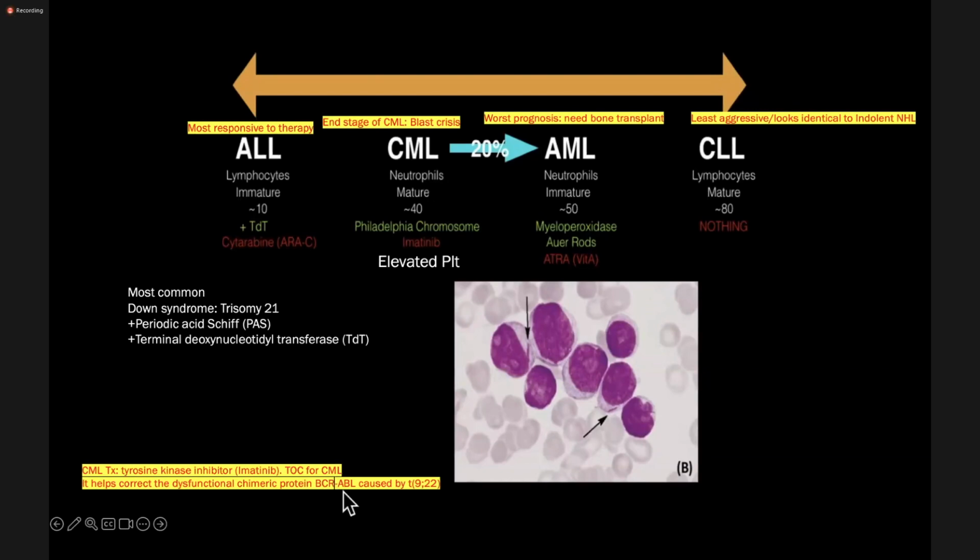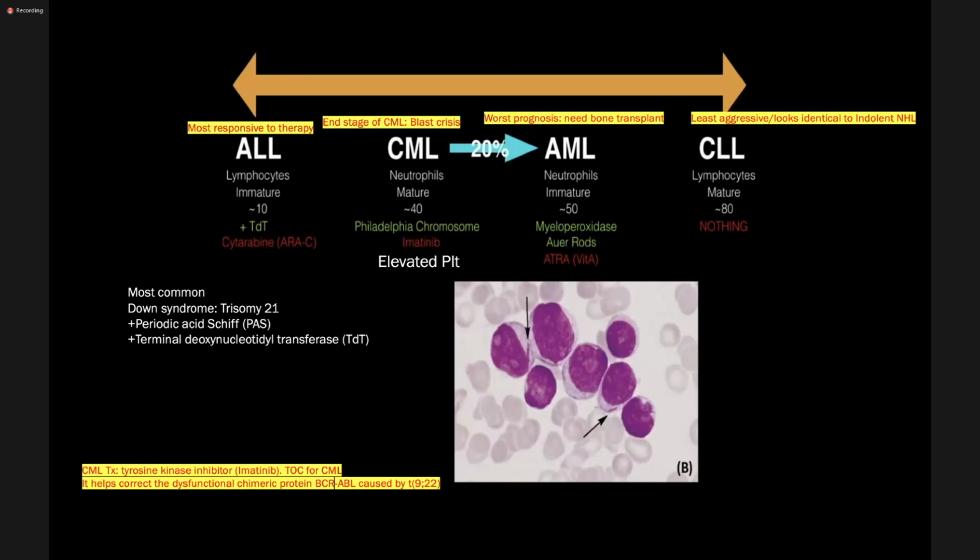So BCR-ABL is pretty much what you see in your Philadelphia chromosome, t(9;22). So that's where you see that, but BRCA1 and 2, you're going to see that in breast cancer.